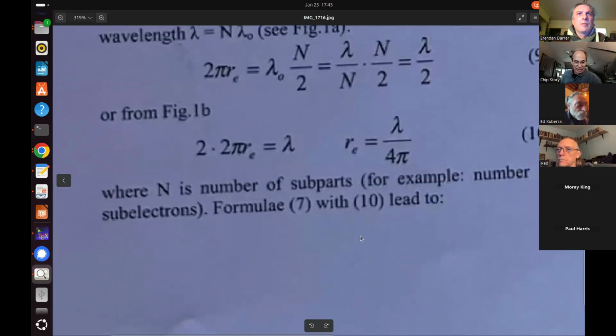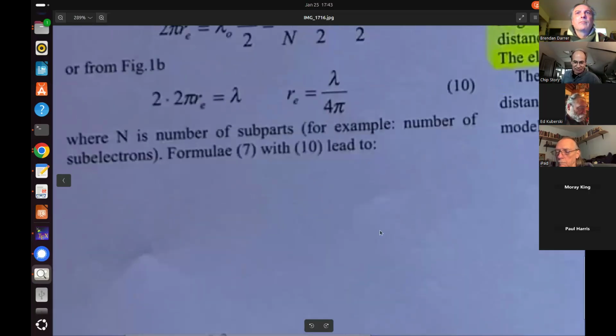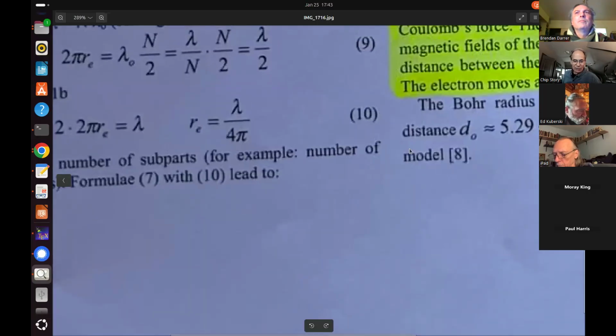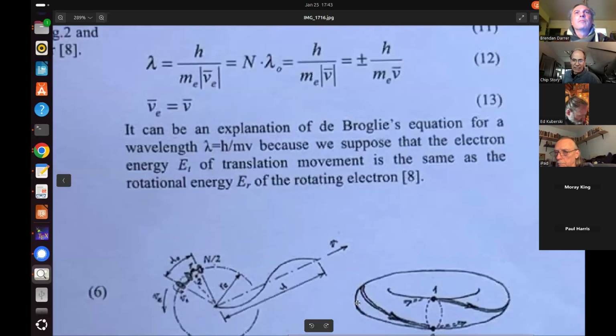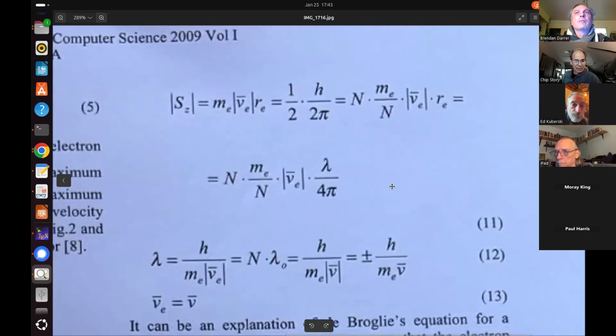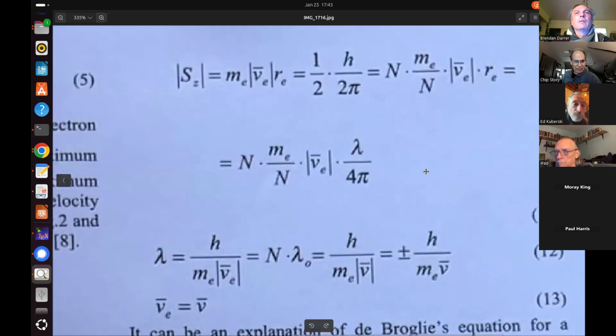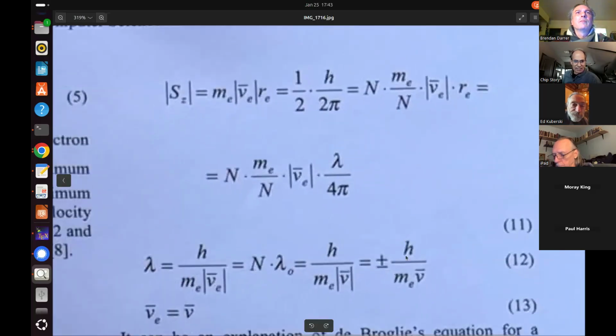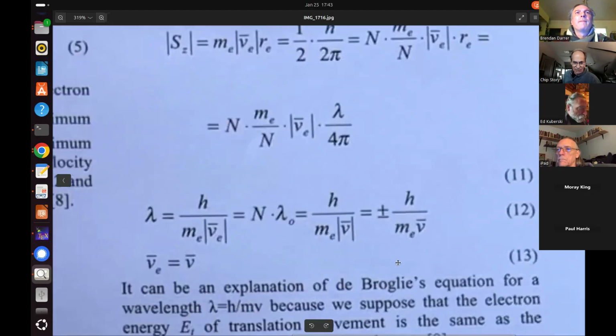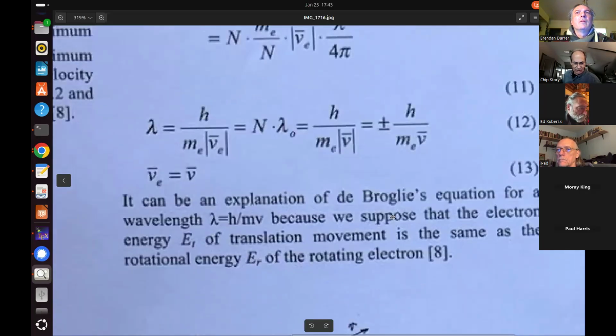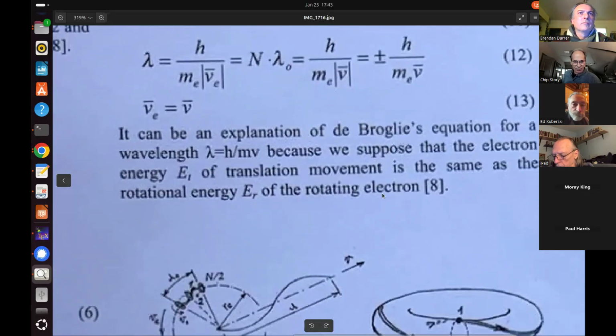And continuing down, formula 7 leads, on the next page, to the description for S sub Z. Just parse through that very quickly. Wavelength structure with subparts n dot lambda sub 0 with velocities.